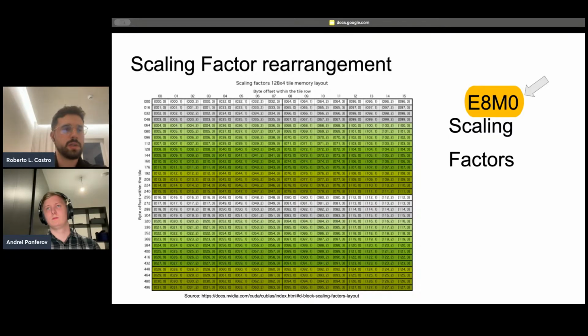This is just related to these new Blackwell tensor cores that require the metadata information to be stored in a specific way, that is this layout that I show on the left. And this is going to be applied to the E8M0 scaling factors that we have computed in the previous step.